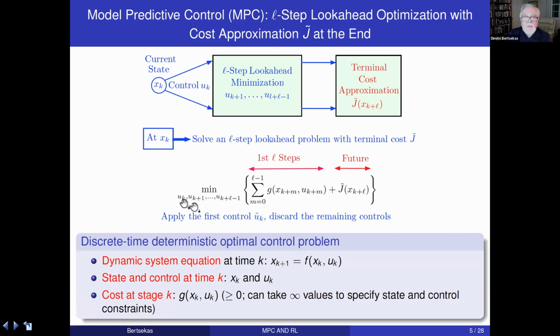We solve this problem for the first L controls, from u_k to u_{k+L-1}. We obtain the optimal sequence, and we apply the first control of that sequence, and we discard the remaining controls. And then at the next stage, k+1, we repeat the process. It's a classical form of MPC, deterministic MPC.